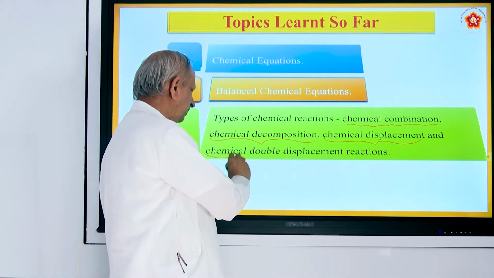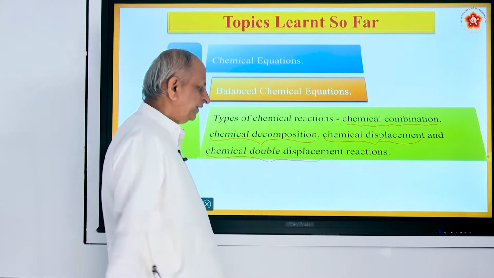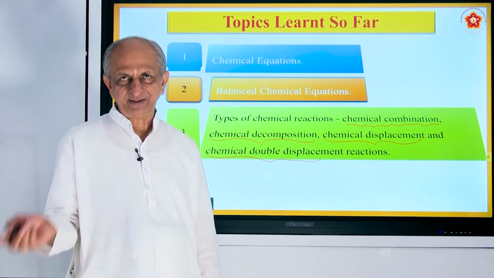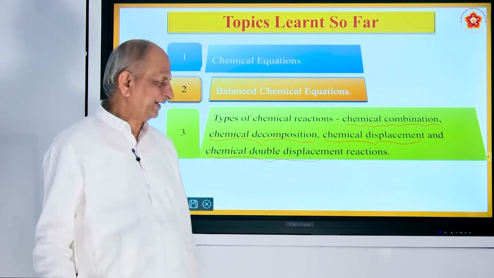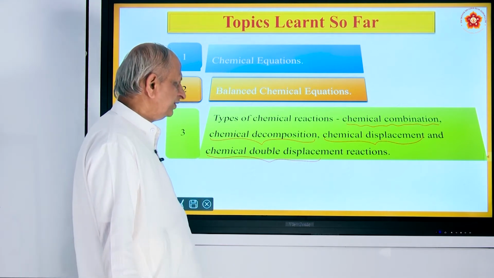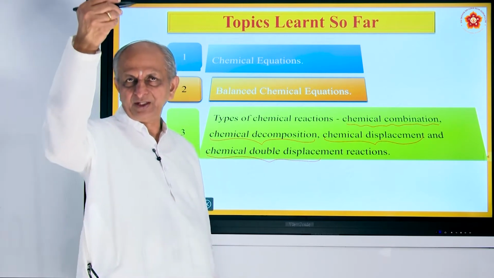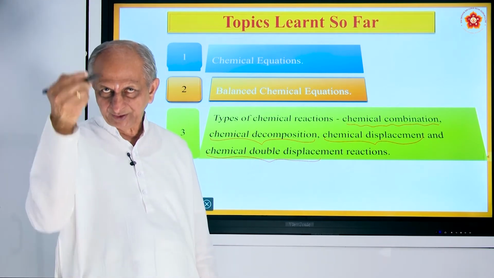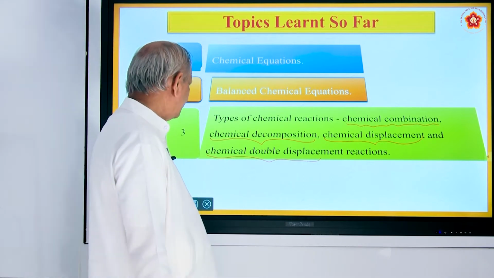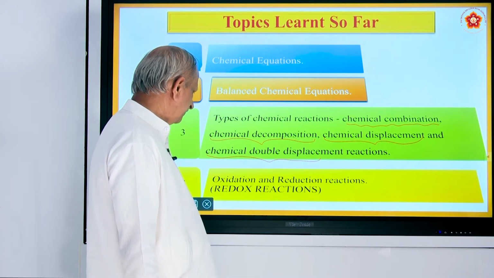Also we have seen what is called chemical double displacement, where there is exchange of radicals. So these are the four types of chemical reactions. Also you have listed out different reaction equations and balanced them. Already you studied.